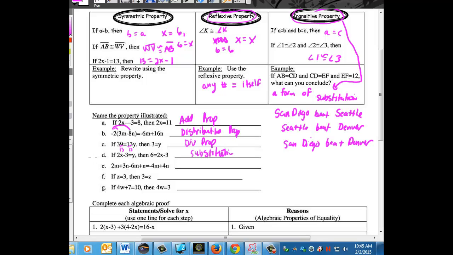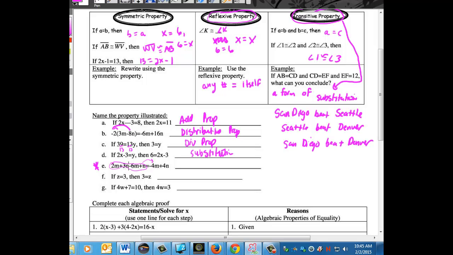Alright, I always like to star or highlight problems that are challenging. And I think this is our first challenging problem with these. So the reason being is, how do we go from 2n plus 3 and minus 6n plus n, and then how do we go from here to get to here? Well, we must combine like terms.